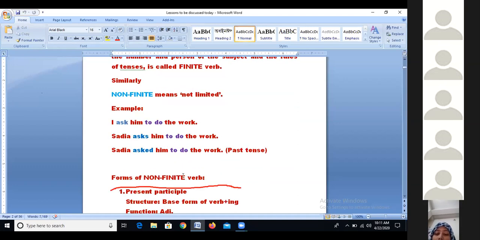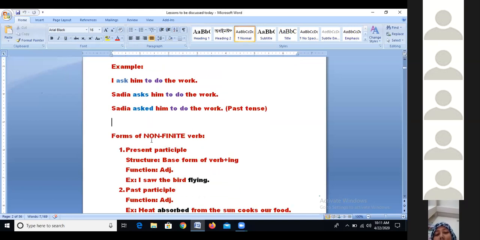As this verb does not change, we call it non-finite. So finite verb is limited and non-finite verb is not limited. Limited by what? By the number and person of the subject and the rules of tenses.